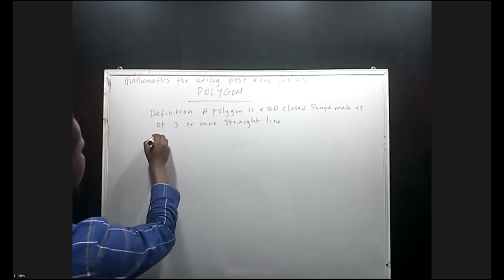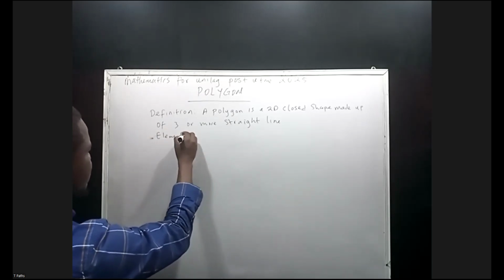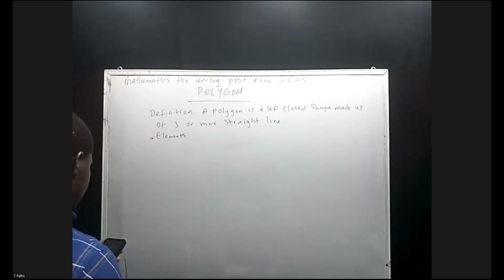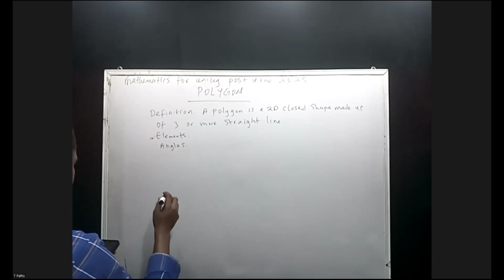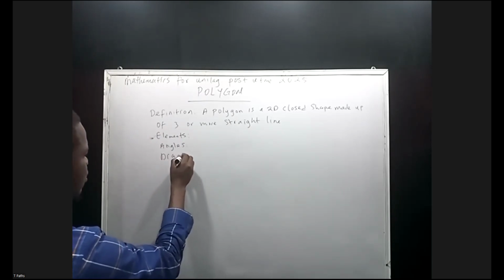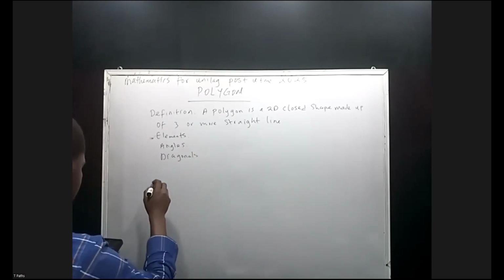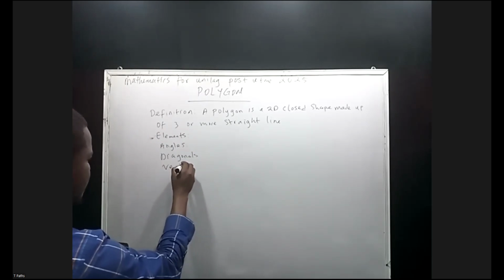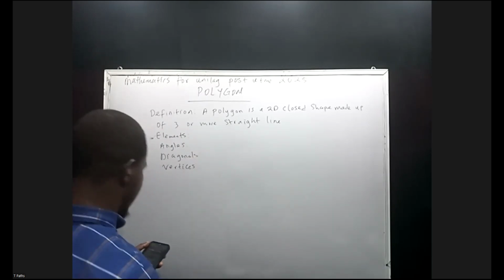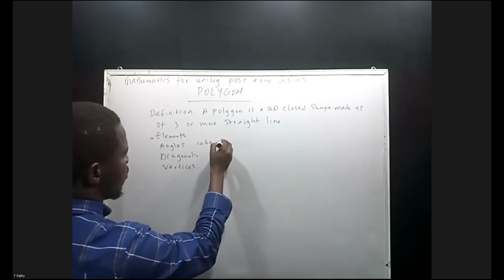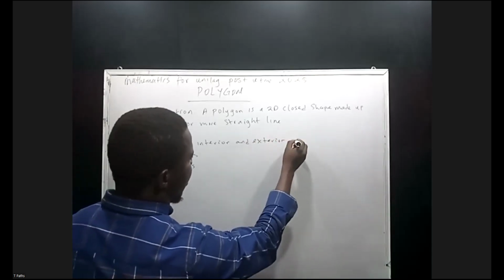One will be talking about elements. There are other elements, but I want to talk about angles. Now I want to talk about diagonals. And I want to talk about what a vertex is. What are interior and exterior angles?